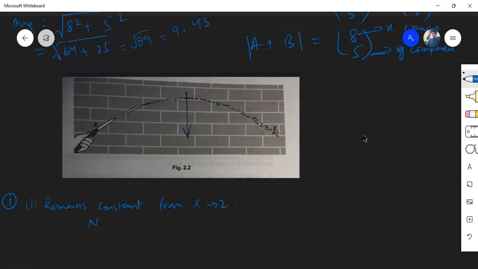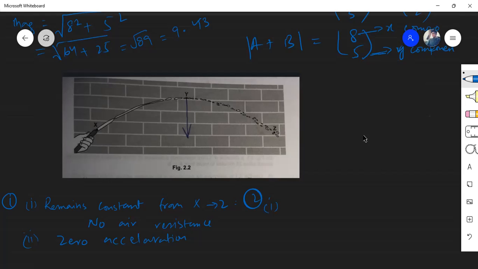It's because there is no air resistance. And if it remains constant, that means that there is zero acceleration.